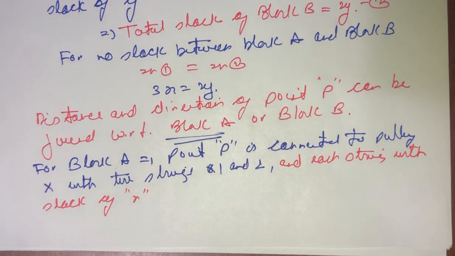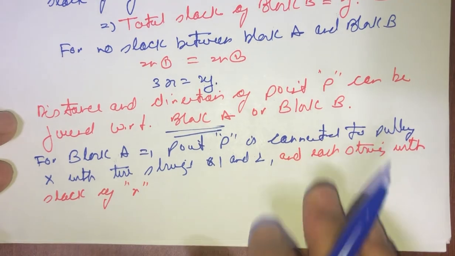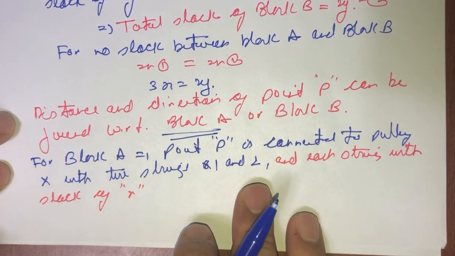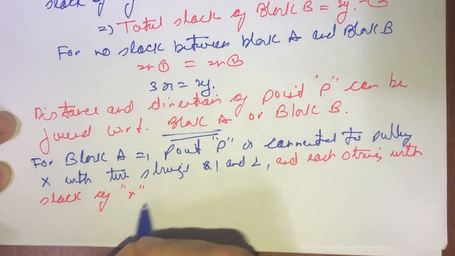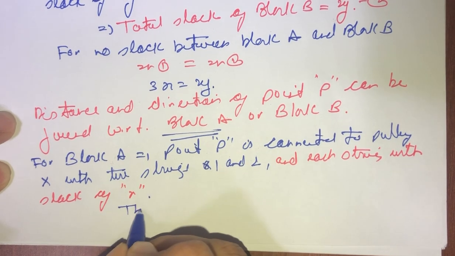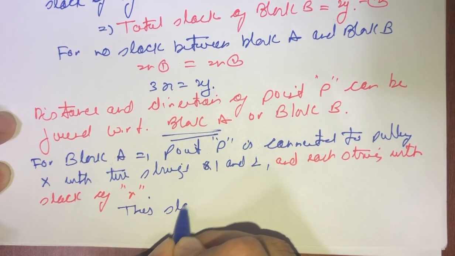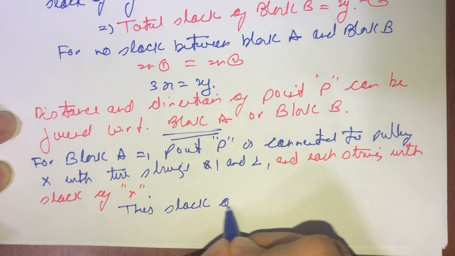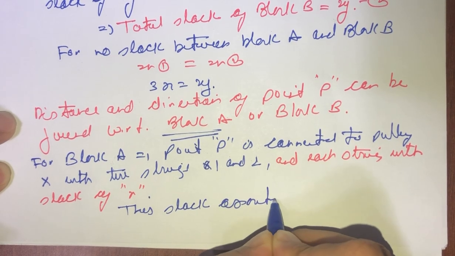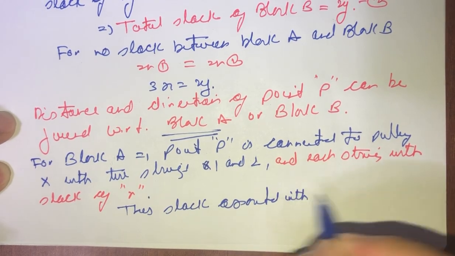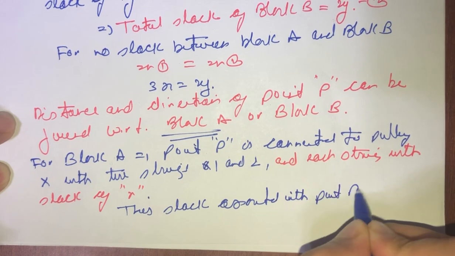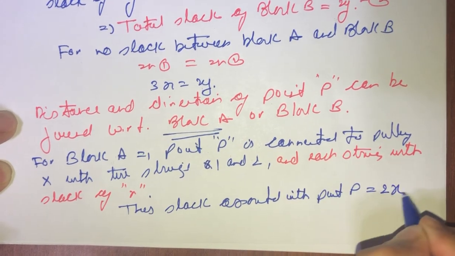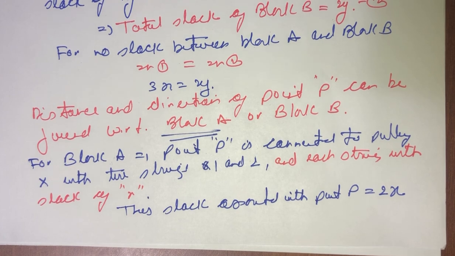So we can say that the slack associated with point P will be equal to 2x, and we already know the value of x, which is given as 3 meters.